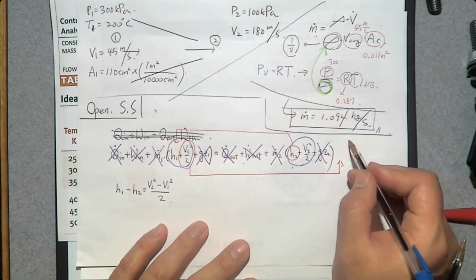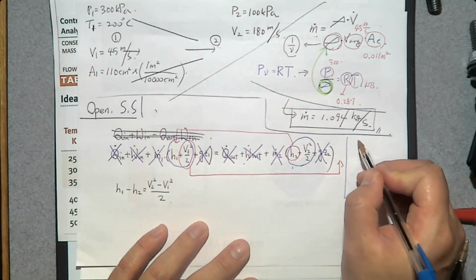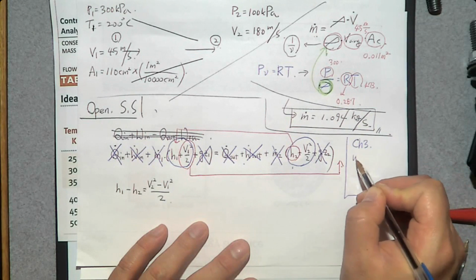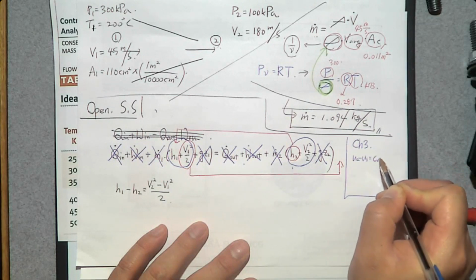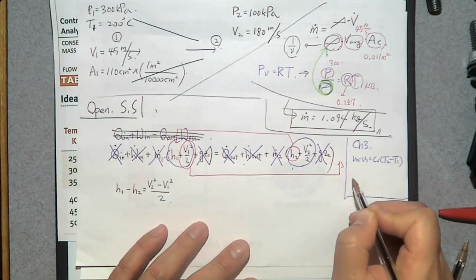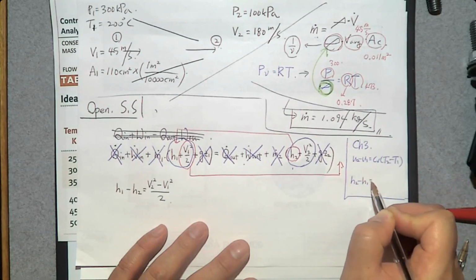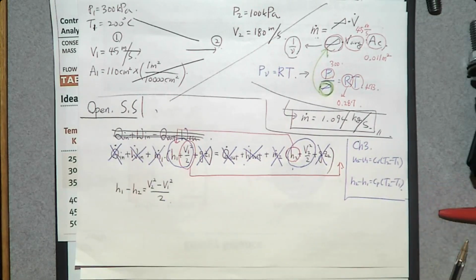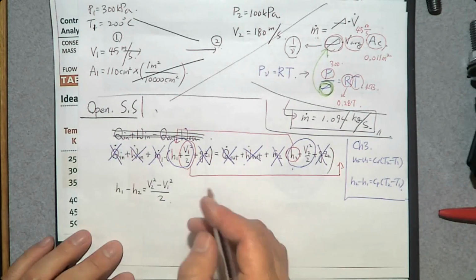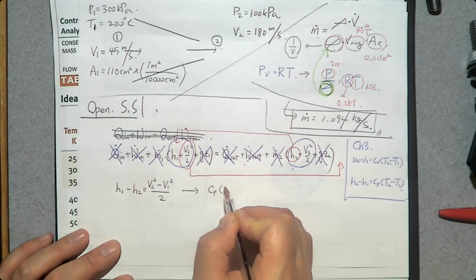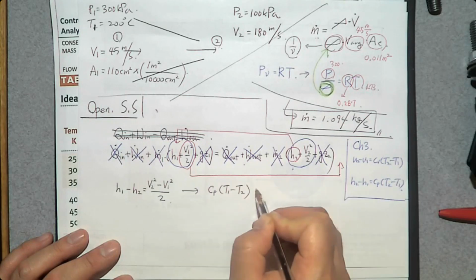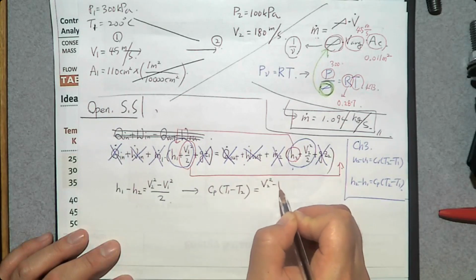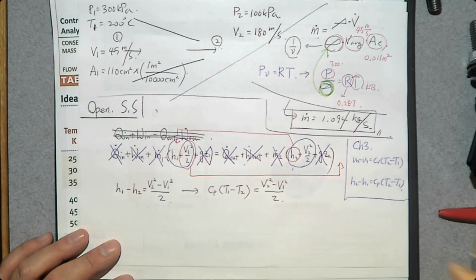Just for your information, one more time, in chapter 3 we studied that U2 minus U1 is Cv times T2 minus T1, and H2 minus H1 is Cp times T2 minus T1. And here we have H1 minus H2, that is going to be Cp times T1 minus T2. So Cp times T1 minus T2 is velocity 2 squared minus velocity 1 squared divided by 2.